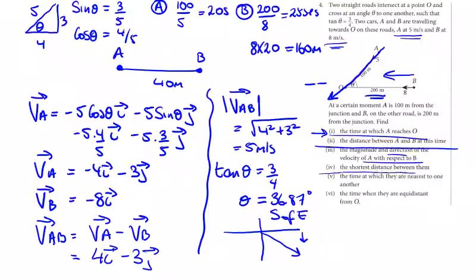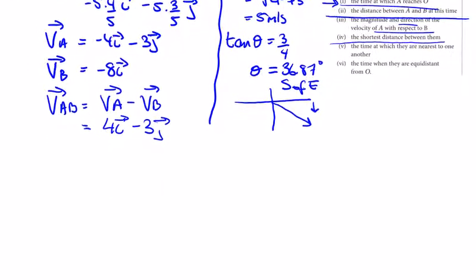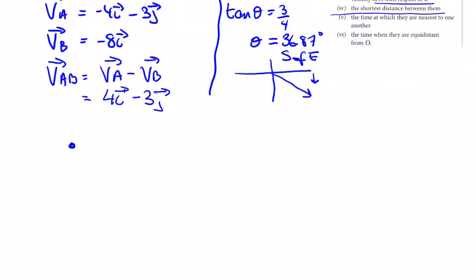The shortest distance between them. Okay, we'll do another diagram for that. So we have our 40, my A, my B, the velocity of A relative to B, my distance and my angle.